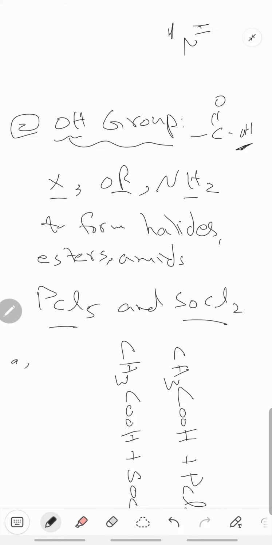So when it replaces, what will be produced? The carboxylic acid derivative. So the OH group thus can be replaced by X, OR, or NH2 to form what? Halides, esters, and amides.